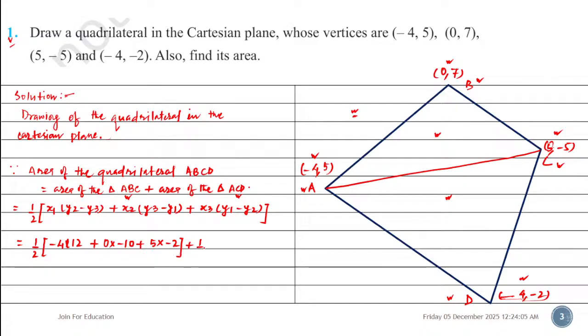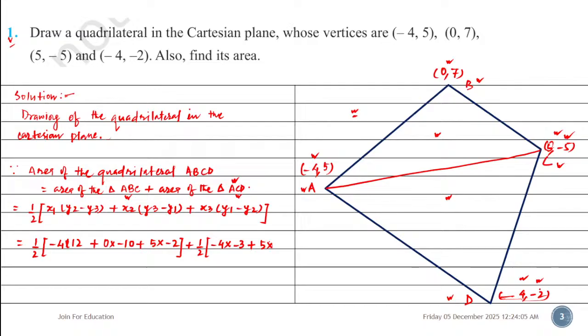Plus, for the triangle ACD, x1 will be -4, and y2 minus y3 will be 5 minus -2, which is 7... Then plus x2, which is 5, into y3 minus y1.